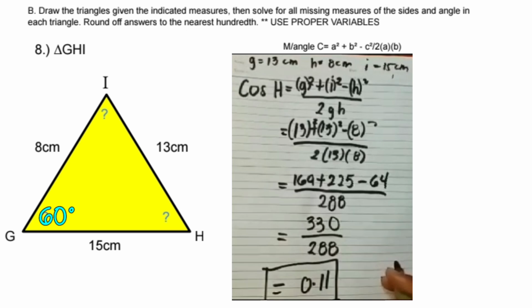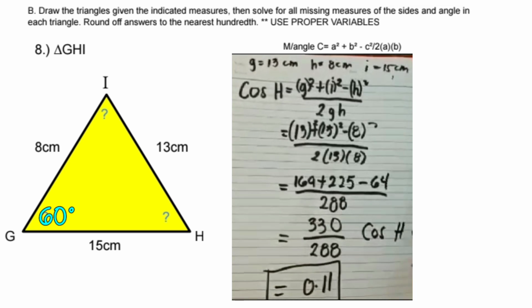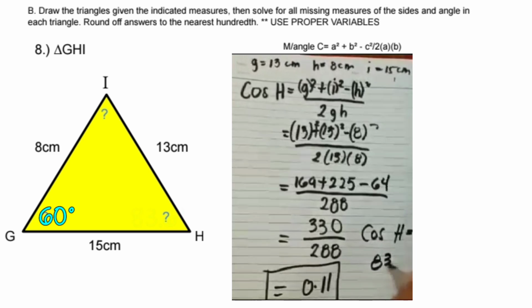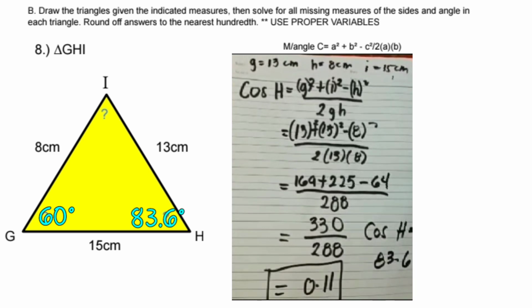Then shift cosine 0.85, so angle h is equal to 31.8 degrees.